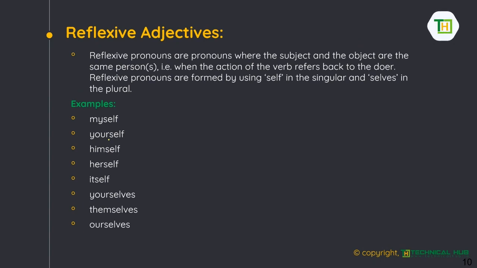You just go with I am, or my name is. Good morning sir, my name is, or good morning sir, let me introduce myself to you, my name is this. Like that you could go. Myself, yourself, himself, herself, itself, then yourselves. When you make it plural, you need to remove f and use ves: themselves, ourselves, all this.